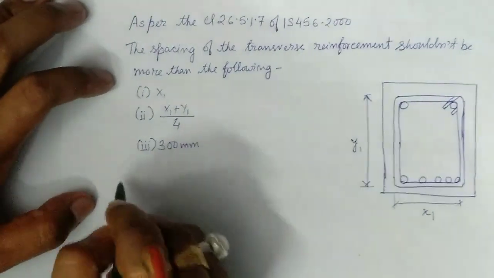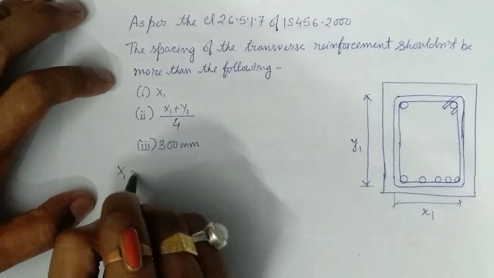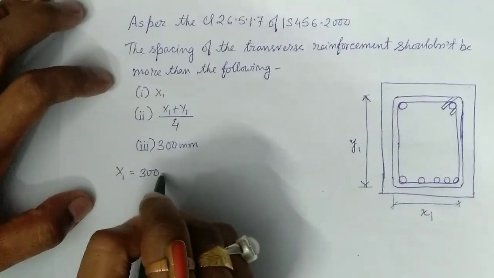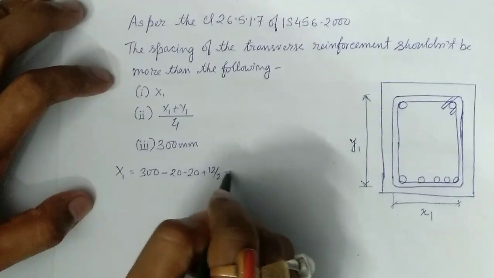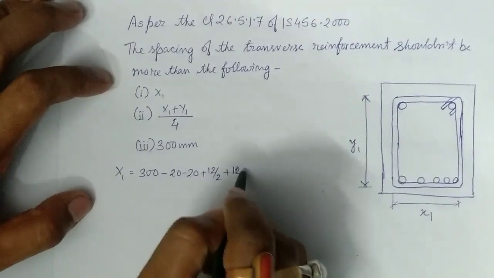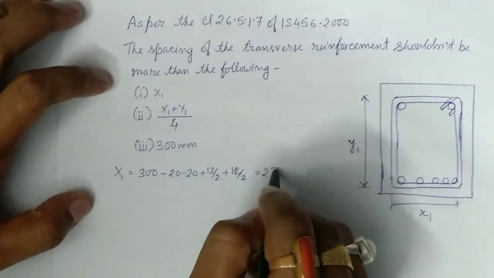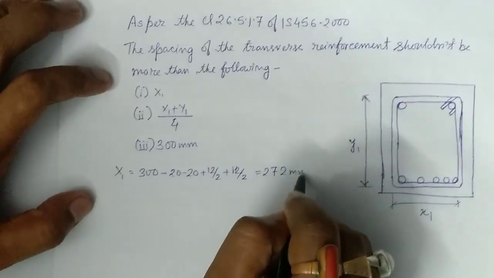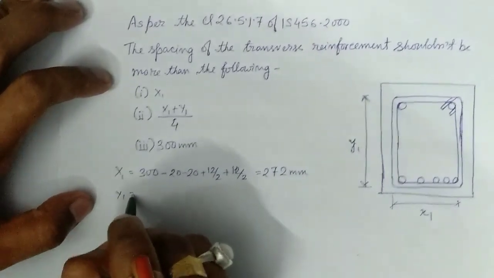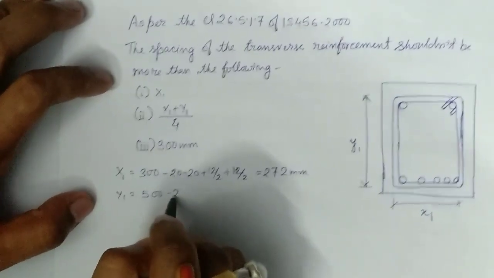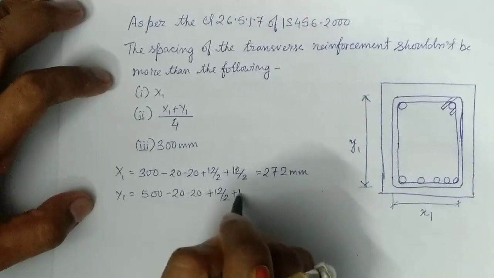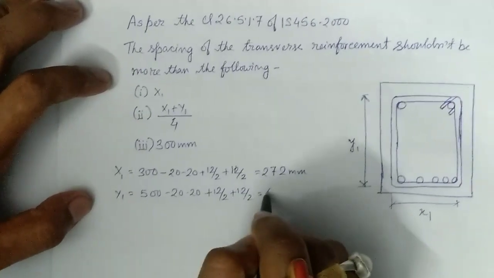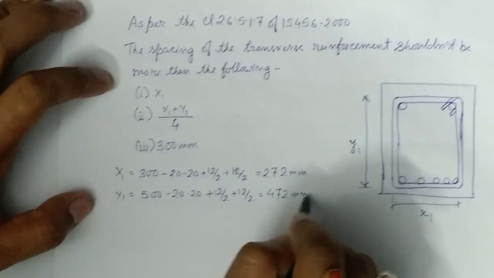So when we calculate x1, it comes out as 272 mm. The y1 comes out as 472 mm.